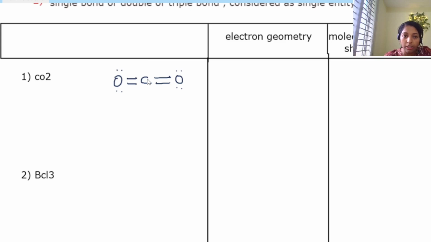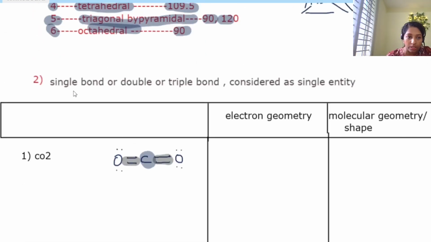Now tell me, for the central atom, we are only looking at the central atom. How many electron clouds are there surrounding the central atom? You can see there is one electron cloud on the left, and this is the second electron cloud. Because I told you a single bond, double bond, or triple bond is considered a single entity.